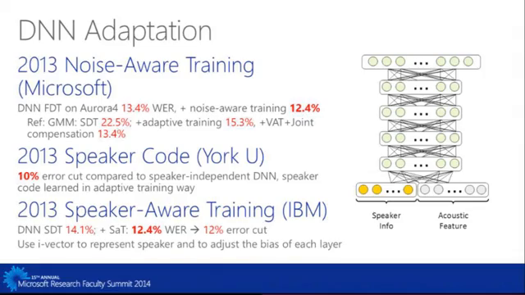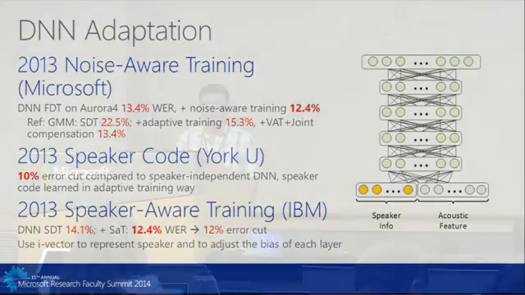Lots of other work has also shown that you can use a structure like this. Basically, this structure is the same for noise-aware training, speaker code, and speaker-aware training. Basically, you have a separate segment input which models the speaker or noise or something like that.